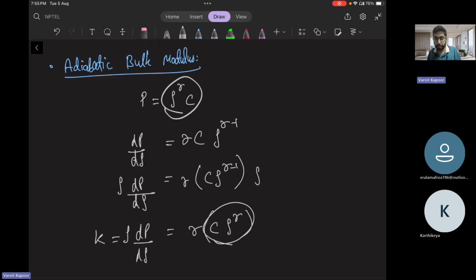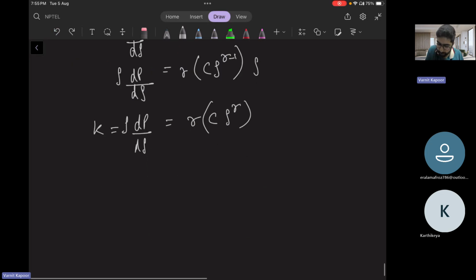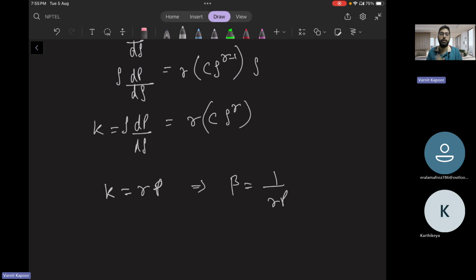It is P. So K is equal to gamma times P, and this implies the compressibility will be 1 by gamma times P. So the adiabatic bulk modulus is gamma times P, and the isothermal bulk modulus is pressure only. And this is for gases I'm talking, not liquids.